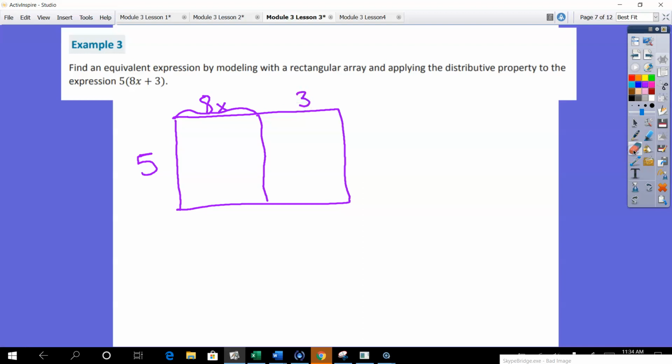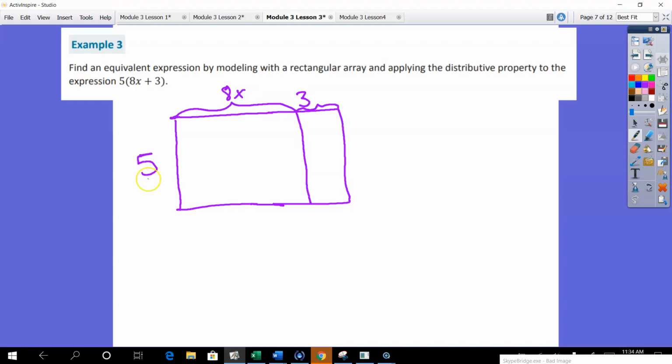So we're going to fix this a little bit. 8, we're going to assume if we're multiplying 8 times something, it's going to be bigger than 3. So that gives me a little more realistic of a picture. Okay.